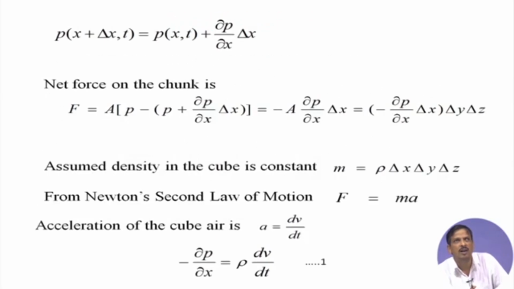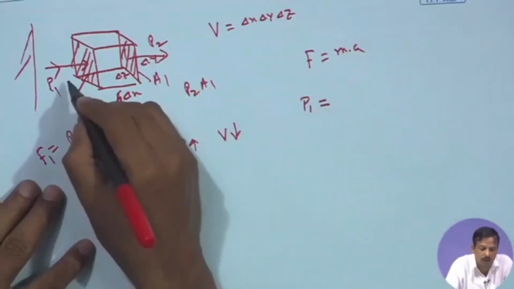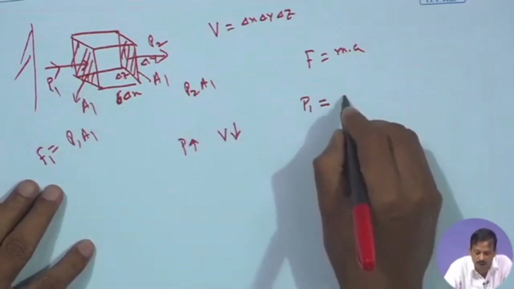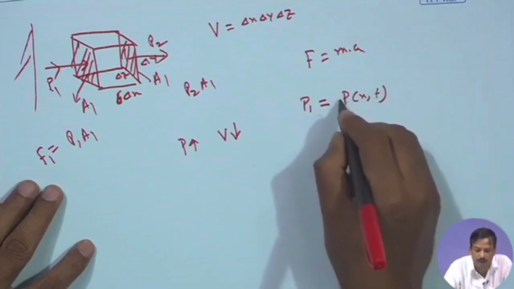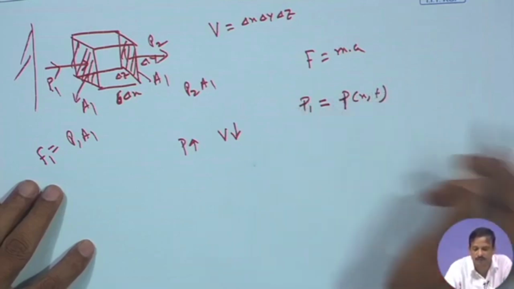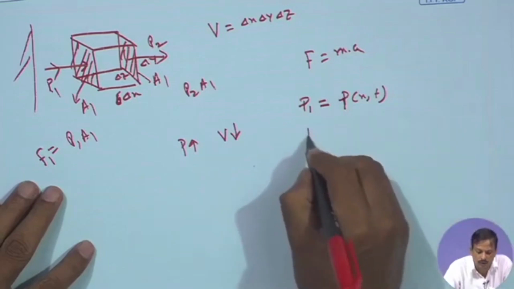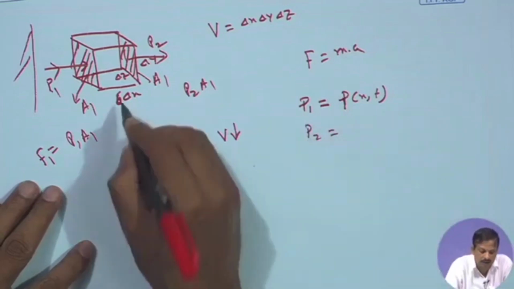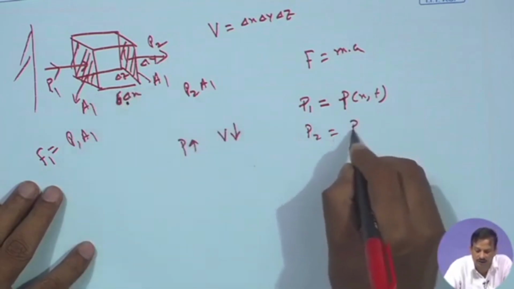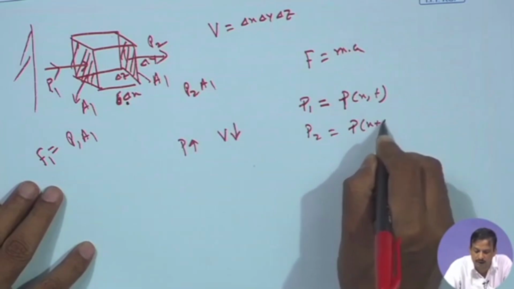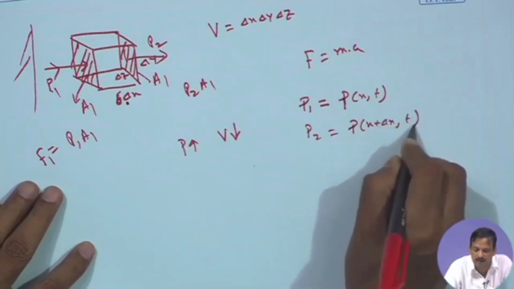Okay. Now, if I want to derive that equation, what will I do? This is P1. So, I can say P1 is nothing but the pressure acting, so it is p of x, t, not capital P, small p. Okay. What is P2? It is nothing but, since del x is the length along the x direction, small p of x plus del x, t.